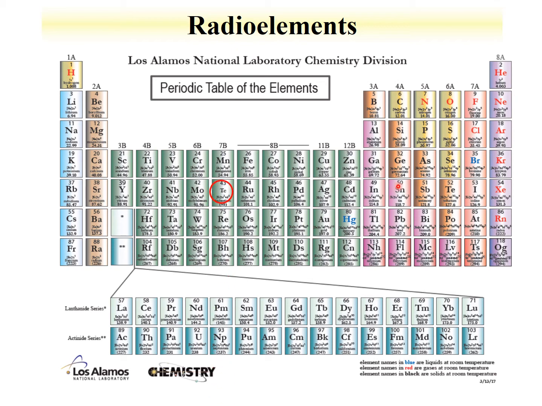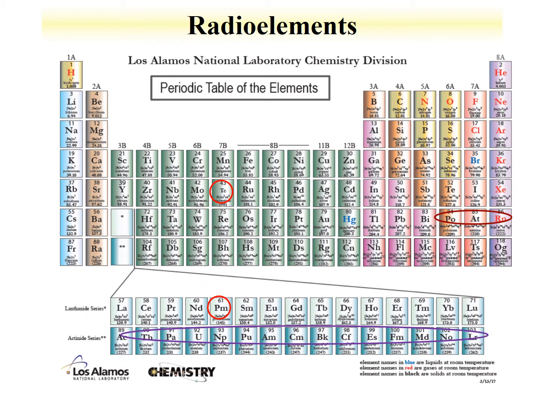Technetium, which is shown here, sits right in the middle of the periodic table, is a radioelement, only available as radioactive isotopes. Promethium, another element that one would think should be stable, is not. Okay, and then elements above bismuth, so elements with proton numbers greater than 83, are all radioactive, so polonium, astatine, radon.